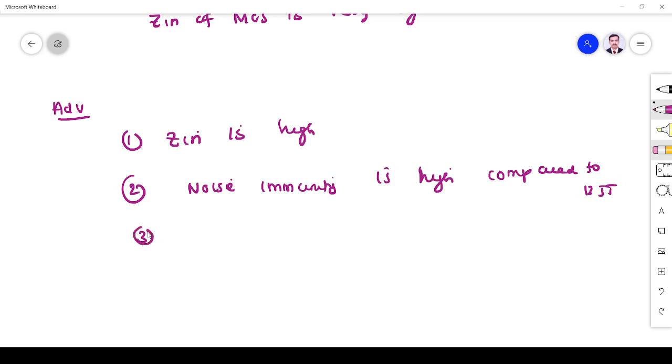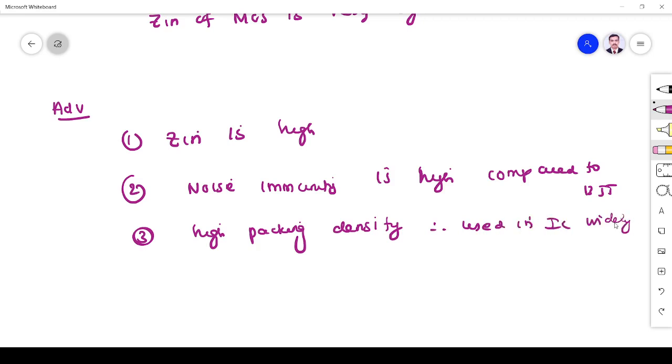Third point, high packing density. Within a small area, many devices can be packed. That's why MOSFET is widely used in integrated circuits.